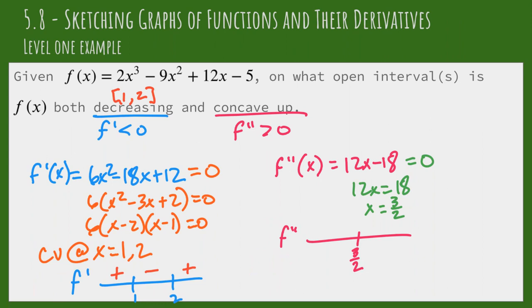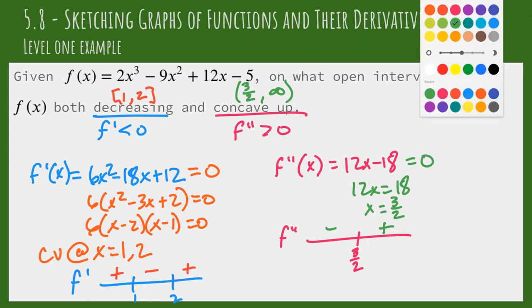If I plug in a number to the left of 3 halves, like 0, we get negative 18, so that's negative. If we plug in a big positive number, then this is going to dominate here, and we're going to get a positive. So the second derivative is positive, which is what we're looking for for concave up, on the interval from 3 halves to infinity. So to answer this question, we need to put those two things together.